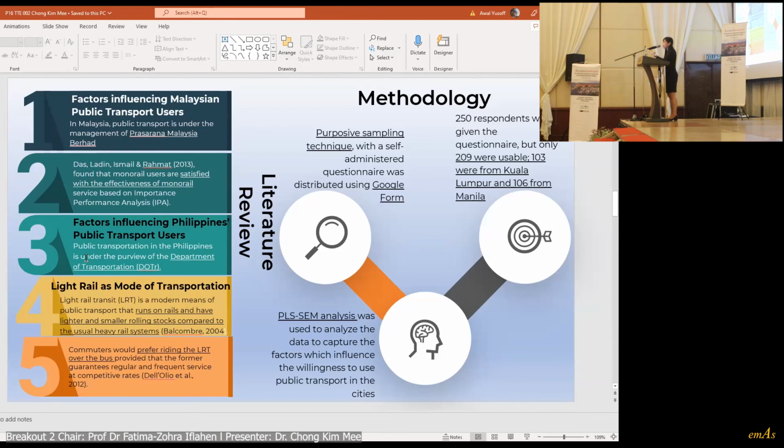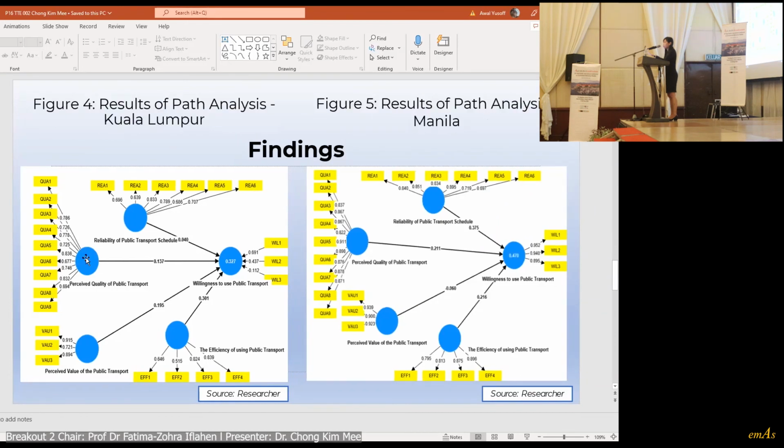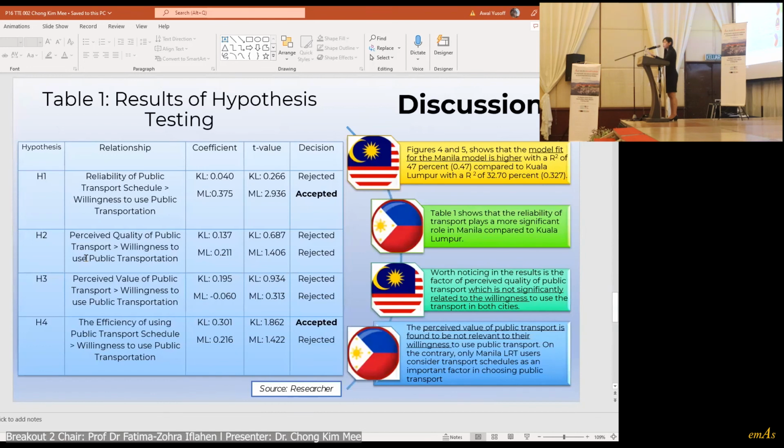We were able to collect 209 respondents, 103 from KL and 106 from Manila. So these are our results. By using bootstrapping and path analysis, we have four independent variables: reliability, perceived quality, perceived value, and the efficiency of using public transport, towards the willingness to use public transportation in both cities, KL and Manila.